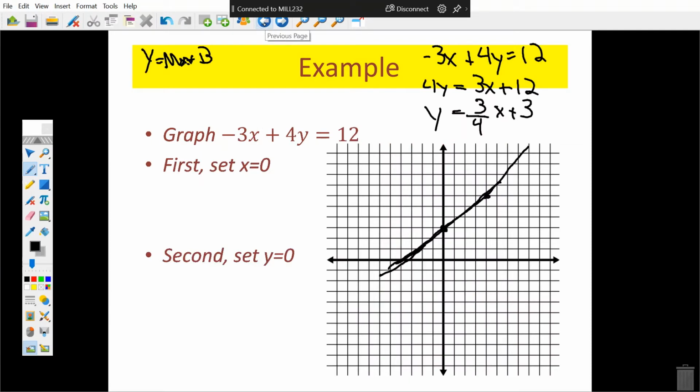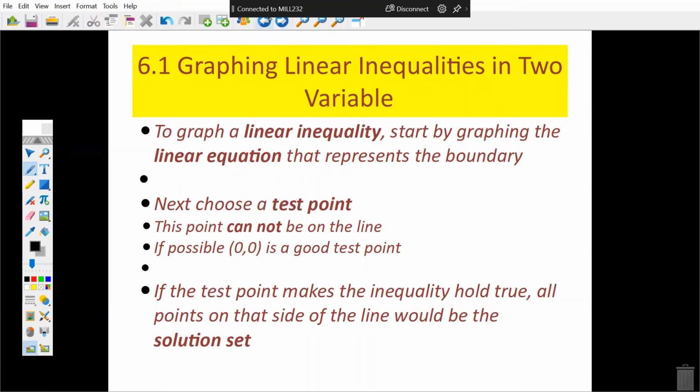Step 1 is to graph it just like you would have in grade 10, okay? Next, you're going to choose a test point. This point cannot be on the line. If possible, 0, 0 is a good test point. And the purpose of the test point is, if the test point makes the inequality hold true, all points on that side of the line would be the solution set.